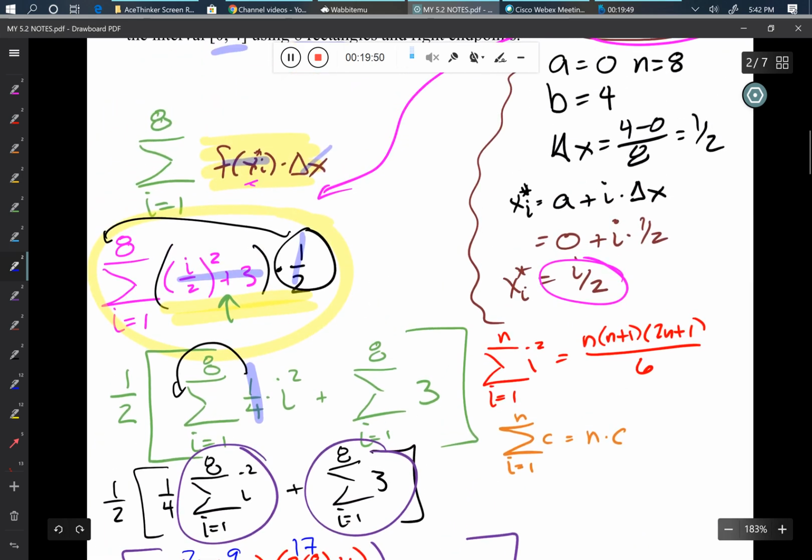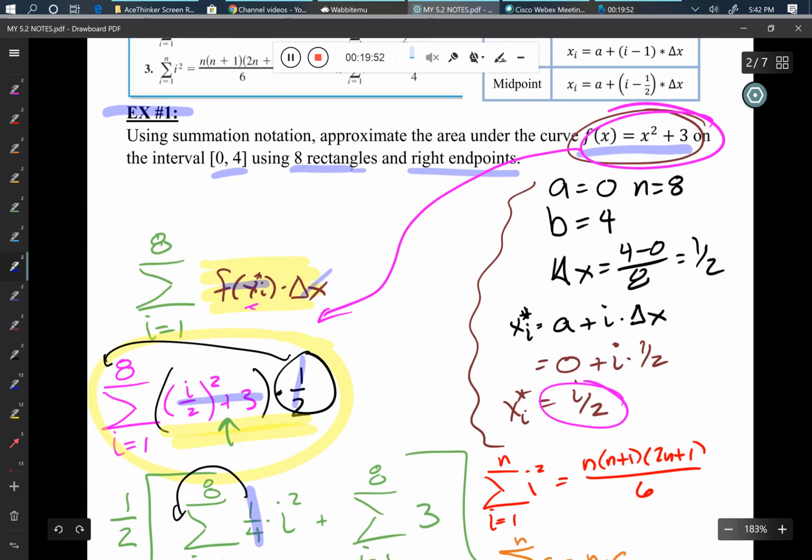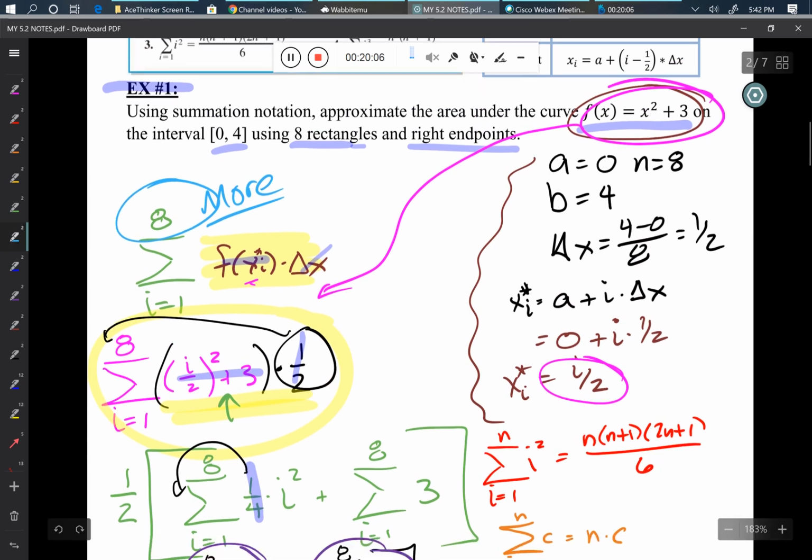We're going to take this original problem up here. We're going to say 8's not good enough. We need more. So we're going to turn that 8 into a 16 or a 32 or a 100 or a 200 and try to make this thing more accurate by increasing the number of rectangles.